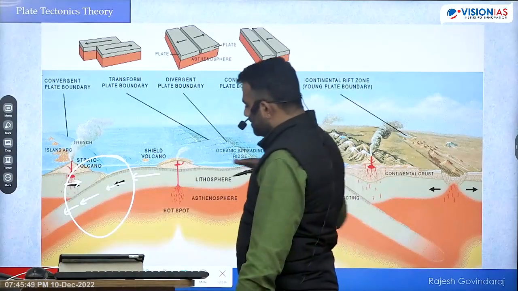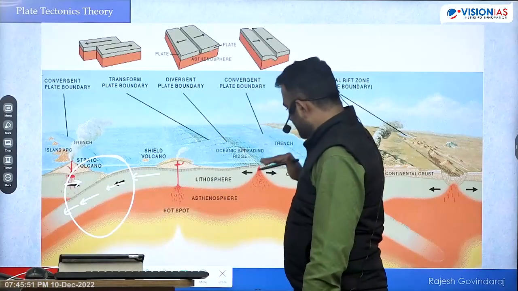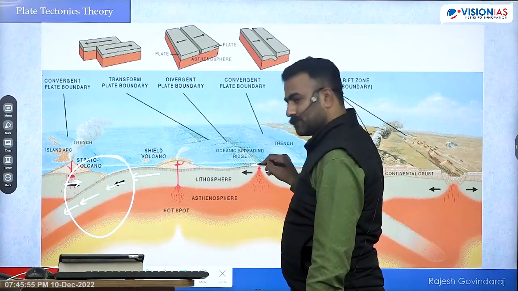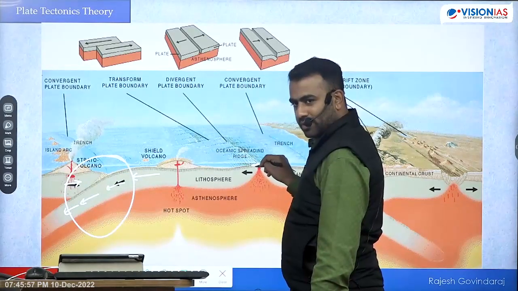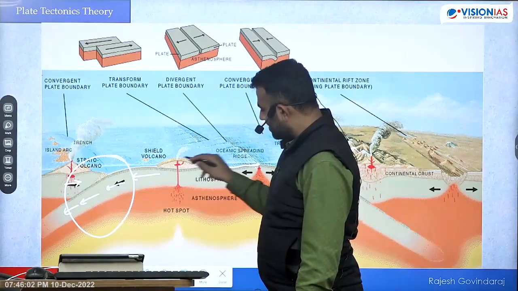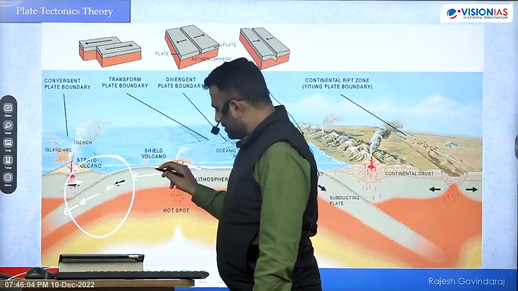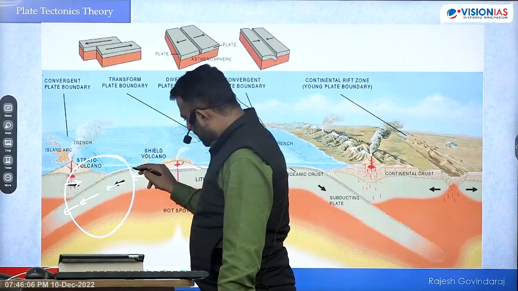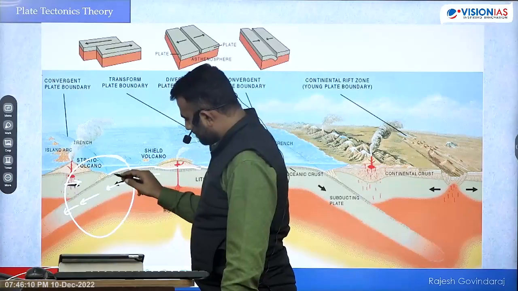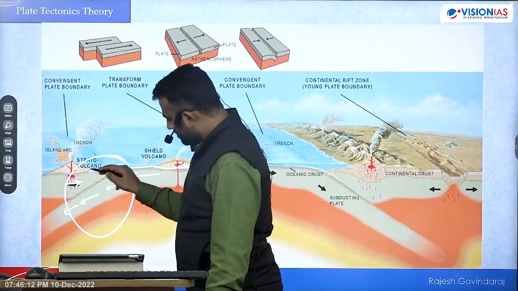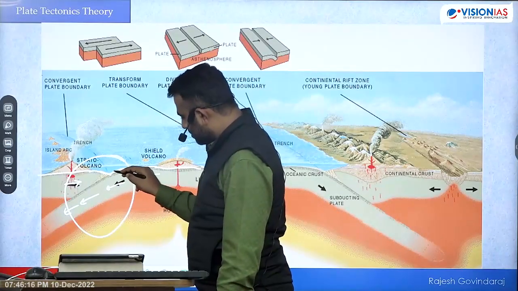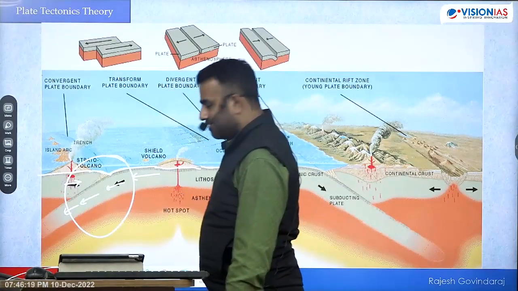If you observe the surface of the ocean, it is very near to the ridges. Near the ridges, it comes very close to the water level. Elsewhere it is the same; here a volcanic mountain has come up, leave that. Otherwise, along the subduction zone, the surface becomes very, very deep. Compared to any other part of the surface, it is the subduction zone where the surface becomes very deep.